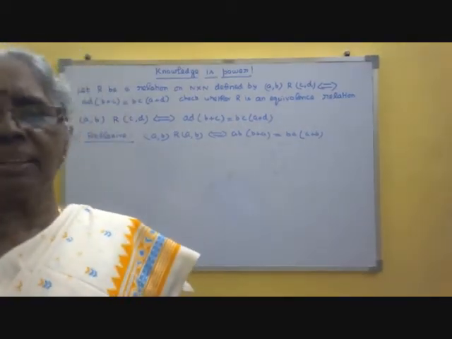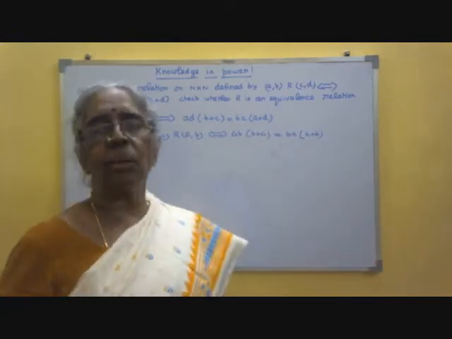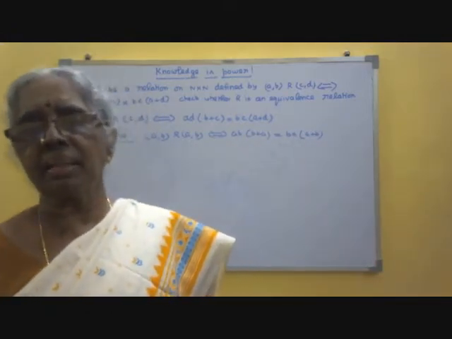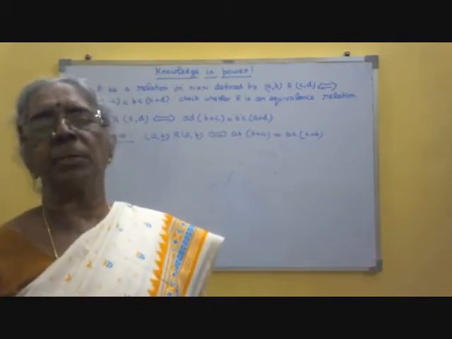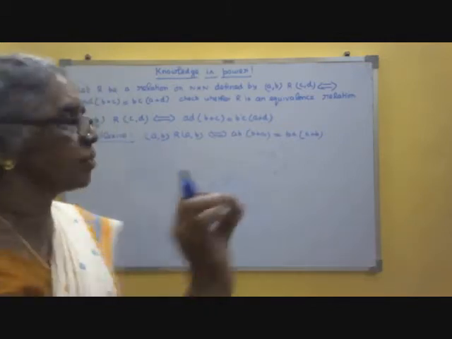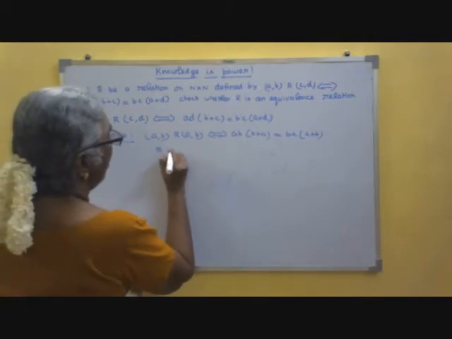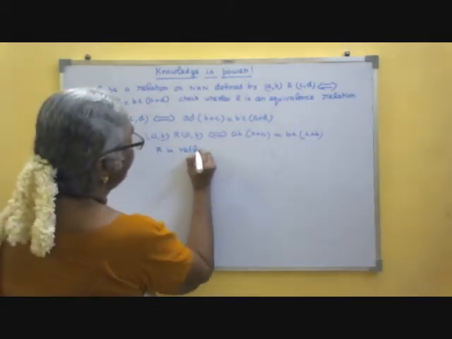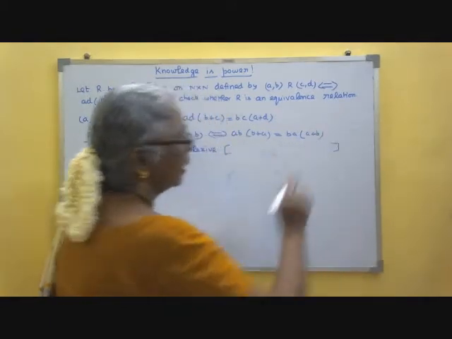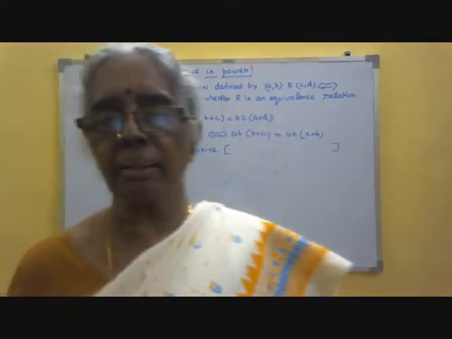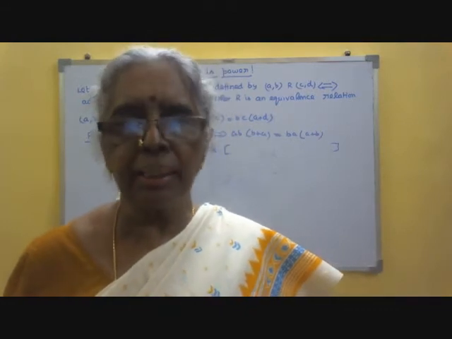Because multiplication is commutative. B plus A is equal to A plus B because addition is commutative. So we can write, since both addition and multiplication are commutative on N cross N, R is reflexive. You can write that reason within brackets.